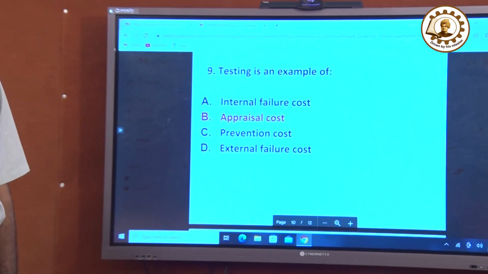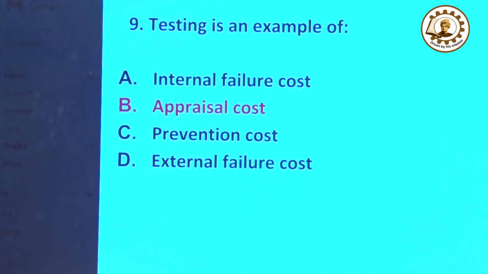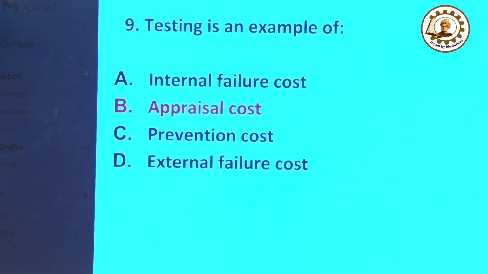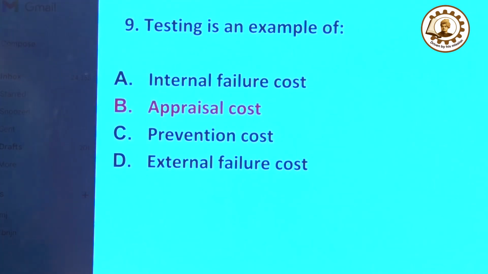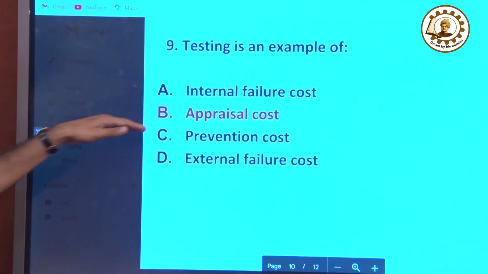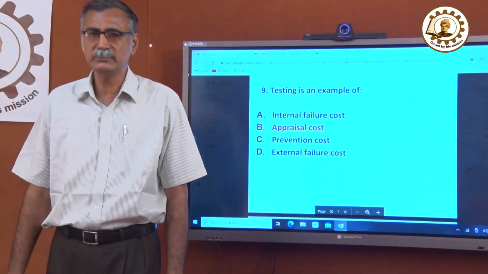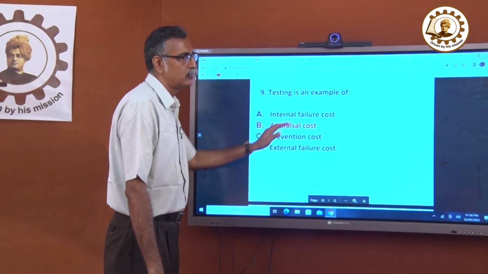Just see question number 9, which is just the substitute of the previous question. Testing is an example of. So testing means testing of the quality. So this comes under the appraisal cost. That means the cost incurred for testing, checking, etc. is called the appraisal cost.